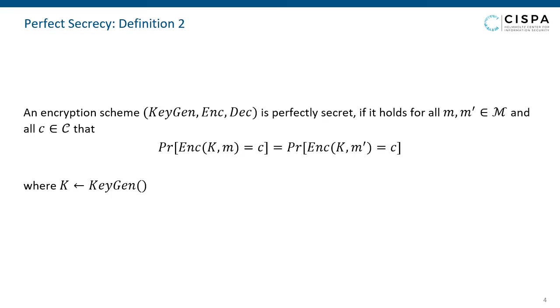What this says is that the distribution of ciphertexts is the same for any possible message. As before, in these probabilities, the probability is taken over the random choice of the keygen algorithm, that is the random choice of the key K, and the coins of the encryption algorithm ENC.